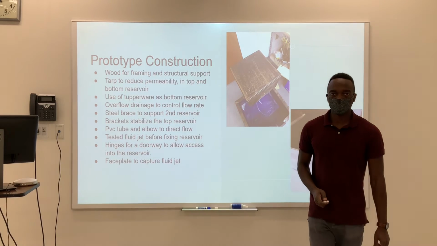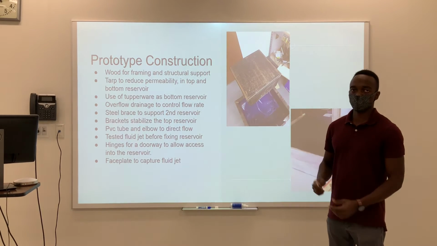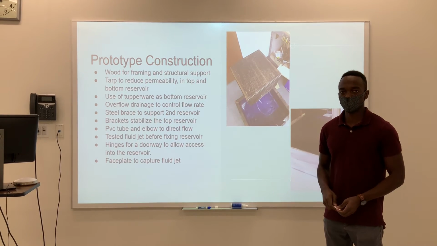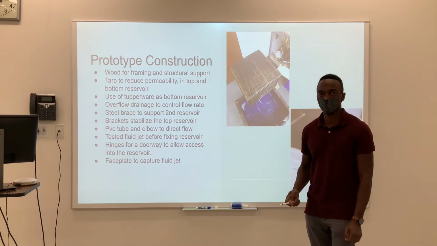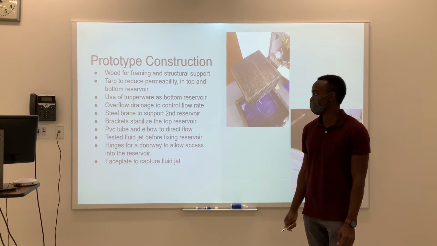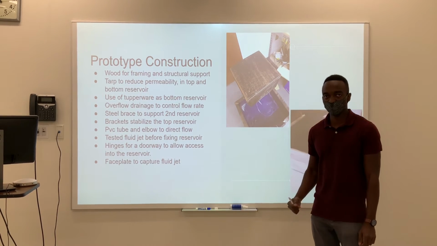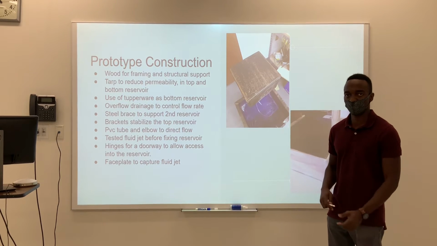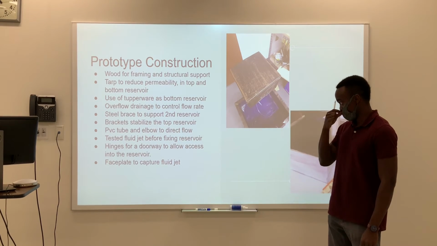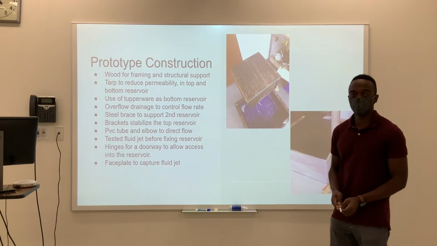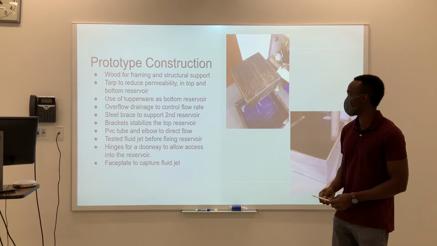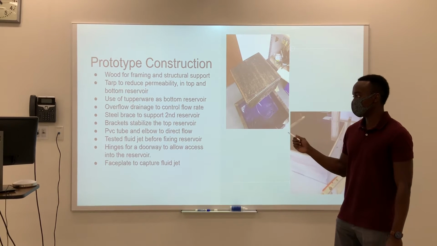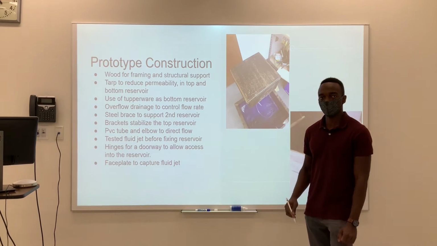For the prototype of our fountain, we used wood as the main material, and this provided the structural support of the fountain. In order to reduce permeability, we used tarp, which was Flex Sealed inside. One of the problems that we faced was that it had a leak, so the Flex Seal helped to prevent the leak.